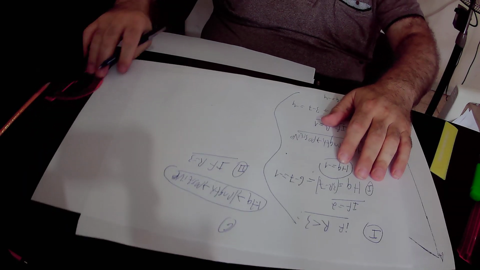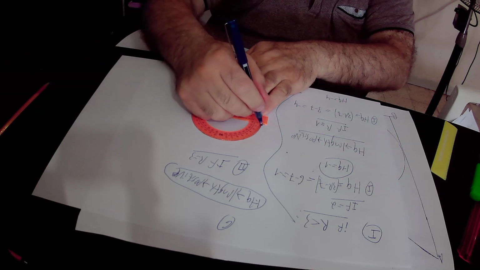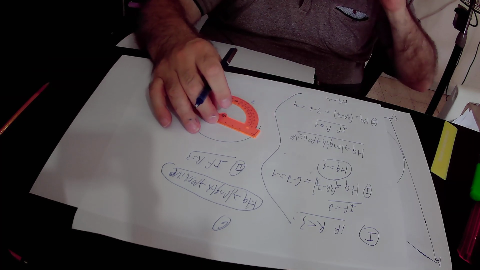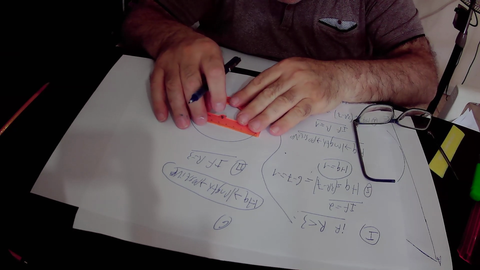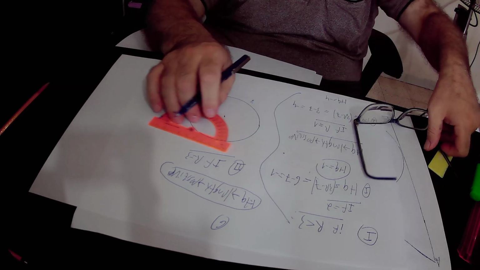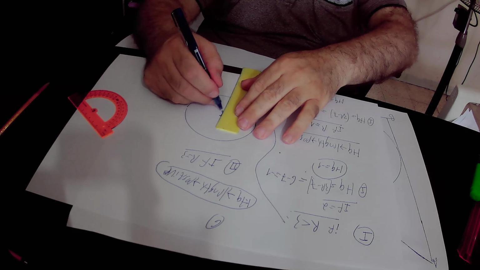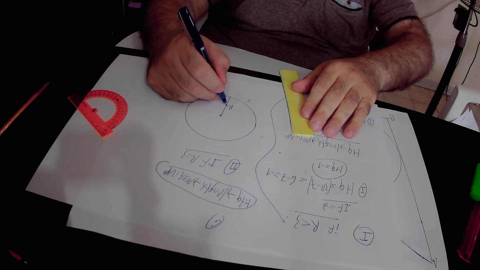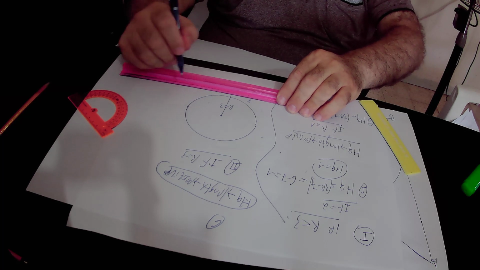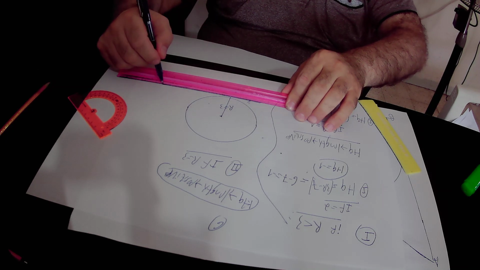So here R equals 3, and we also know that one side of the square is also equal to 3 units according to what is given in the question.